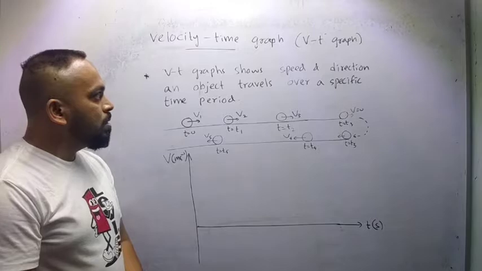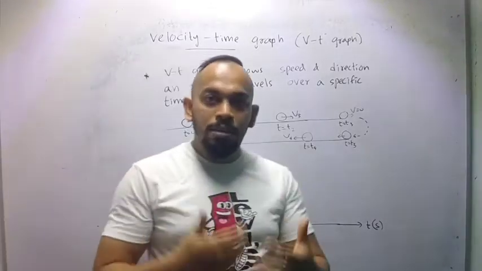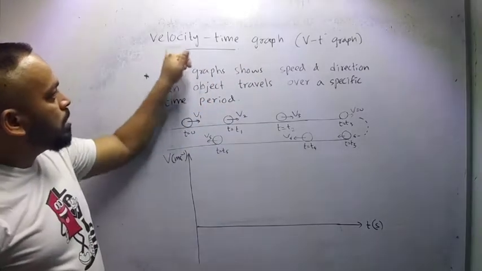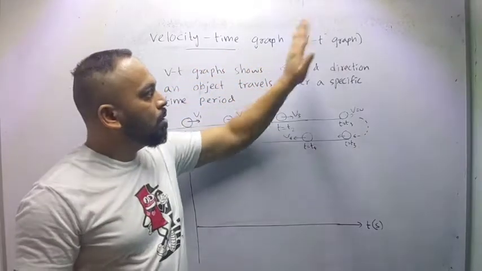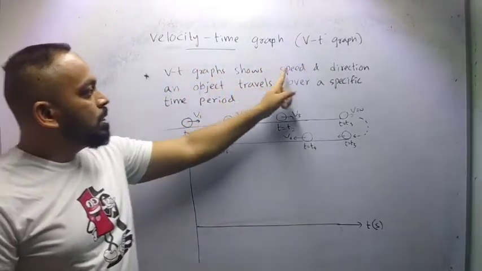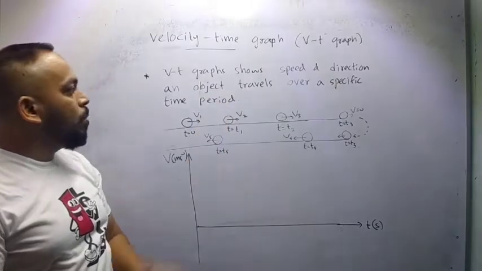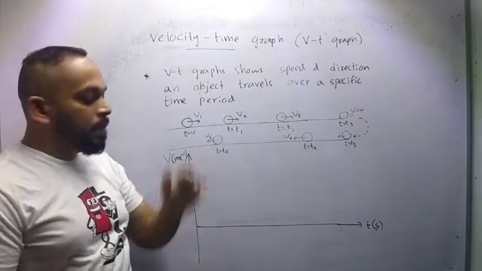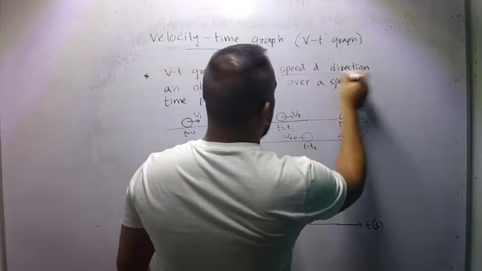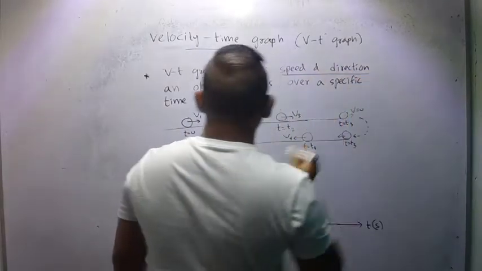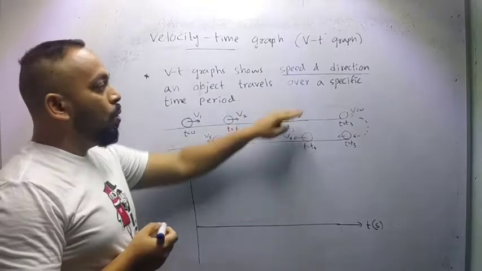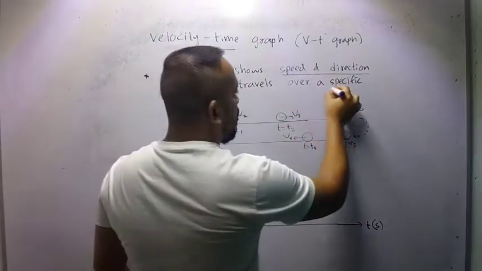So what is the definition of a VT graph? What can we obtain from a VT graph? A velocity time graph, in short VT graph, shows the speed and direction an object travels over a specific period of time. So you can see that speed and direction, right?